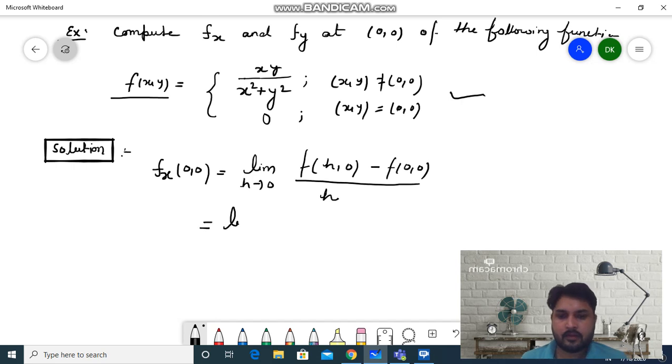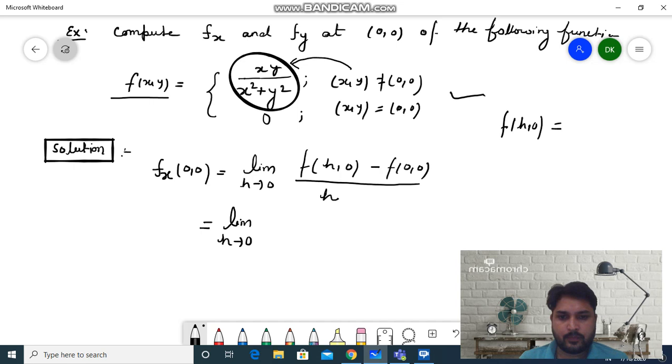Now the question is what will be the value of f(h, 0), because f(x, y) is defined like this. When both x and y are not equal to 0, it behaves by this rule, and we can find the value of f(x, y) by this rule.